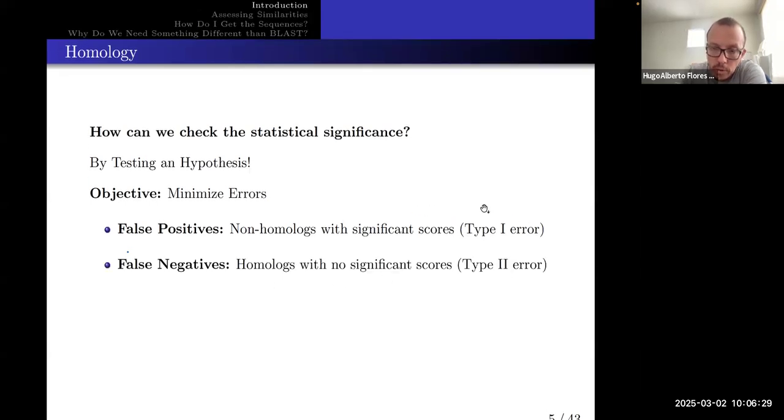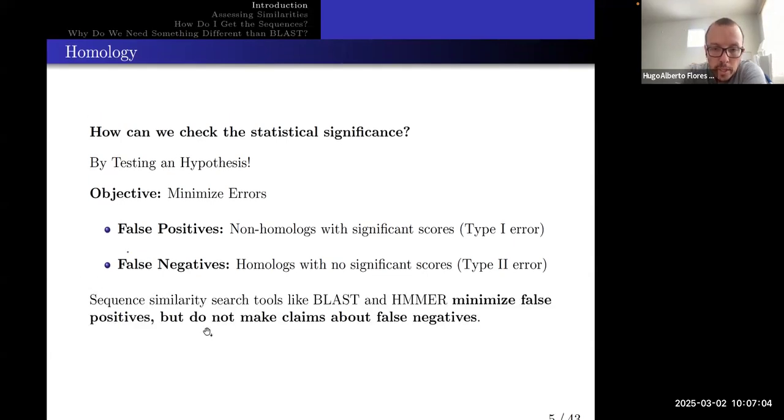In hypothesis testing, this is the type 1 error. The type 2 error is when you have false negatives: you compute a score that is not significant, but at the end you have homologs even though your score is not giving you a significant result. In this context, those are known as type 1 and type 2 errors.